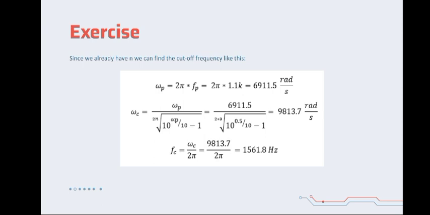It takes into account that this frequency is in hertz and this time we pass it to radians per second as seen here, and if we replace in the equation of the cutoff frequency it gives us 1561 hertz, which must be 3 decibels below the passband amplitude.